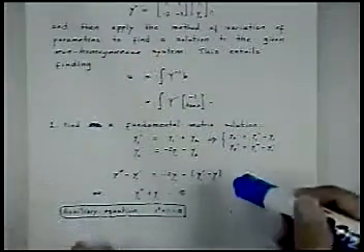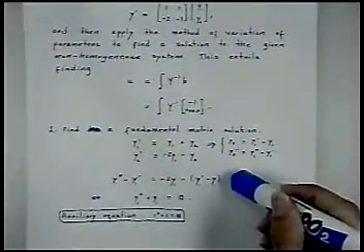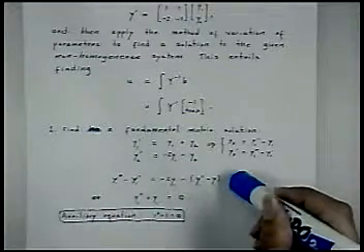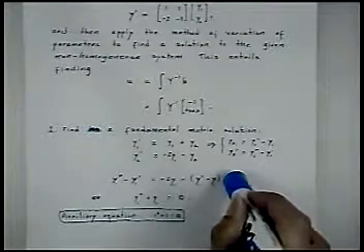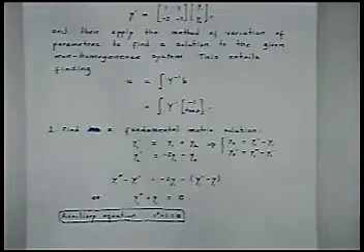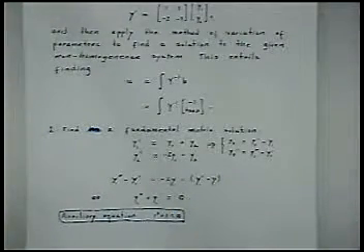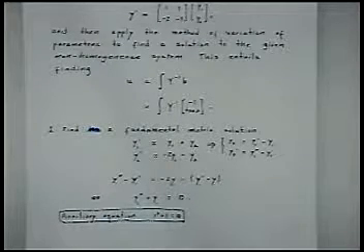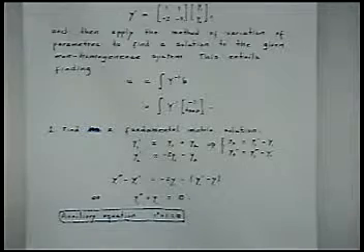I'm pointing right now at what I have on the board. After we simplify, we get the second order equation, y1 double prime, in other words the second derivative of y1, plus y1 equals 0. We will use an auxiliary equation.